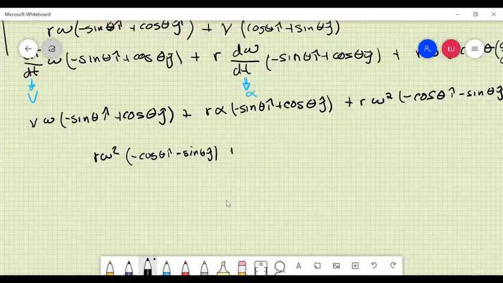I have that bit minus sine plus cosine. Okay.